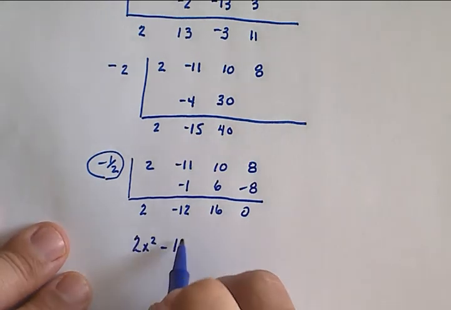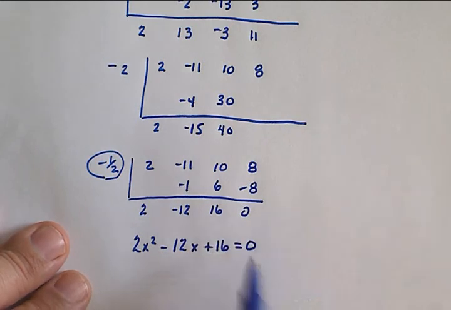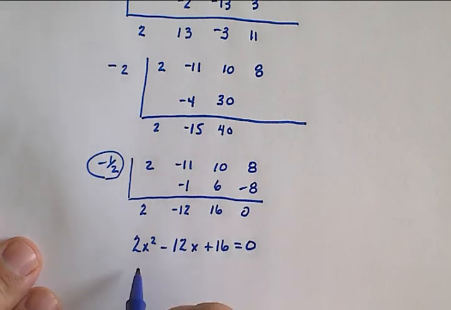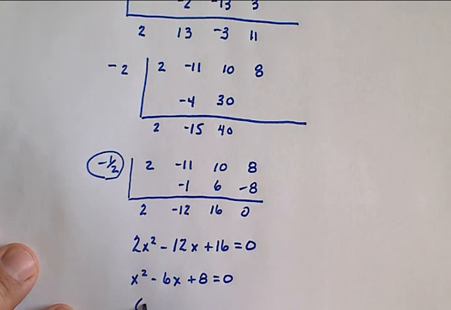One other thing you could do that would be helpful is everything has a greatest common factor of 2, so divide out a 2. And it looks like this is factorable. It breaks up into an x minus 2 and an x minus 4.